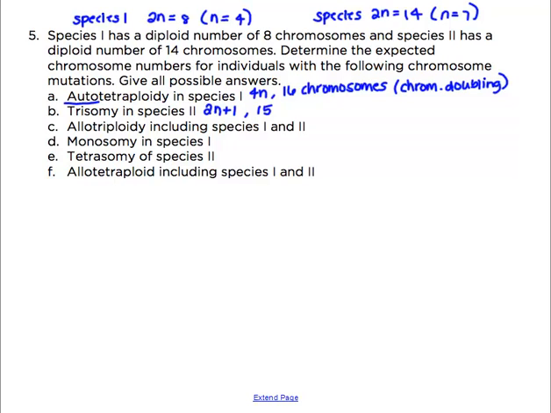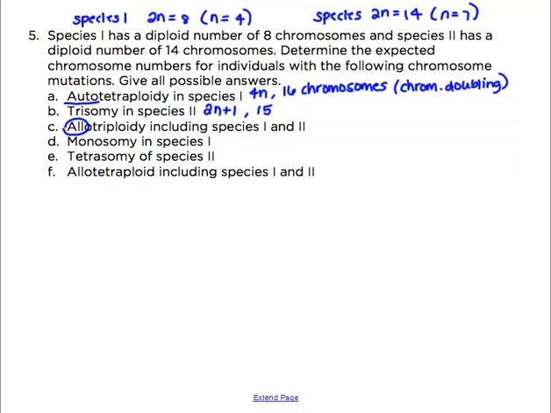Part C, allotriploidy including species 1 and species 2. Here is where this distinction happens. So it's auto versus allo. Auto means that the extra chromosome content comes from that specific species. Allo means that the chromosome content is a mix between 2 or more different species.